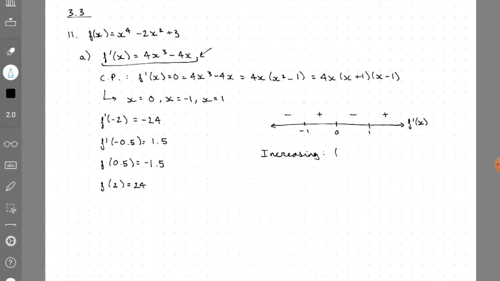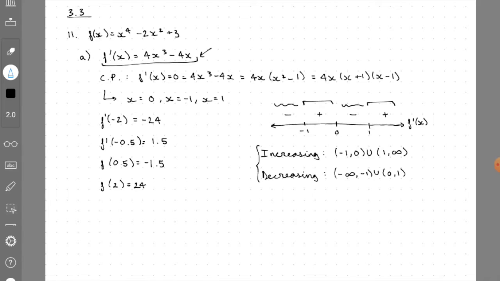It's going to be increasing from negative 1 to 0, union 1 to infinity. And then it's going to be decreasing from negative infinity to negative 1, union 0 to 1. And this is going to be your final answer for part A.